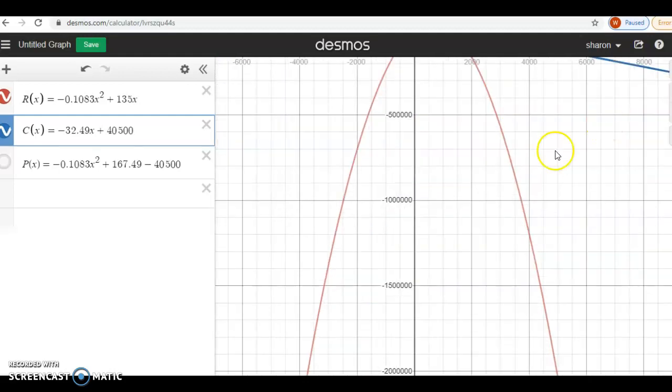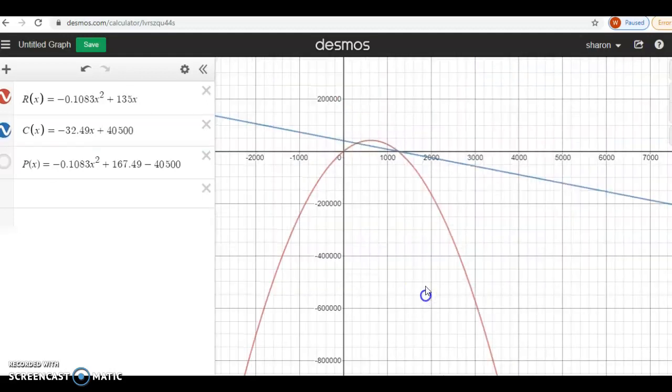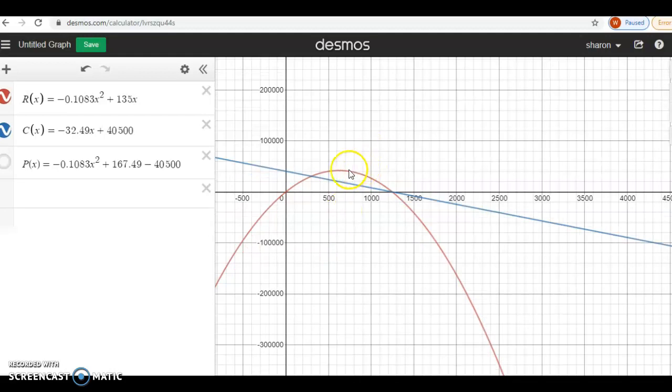And so this is where we get our vertex. And then you can see these 2 points right here is where the cost equation and the revenue line actually meet together down here.